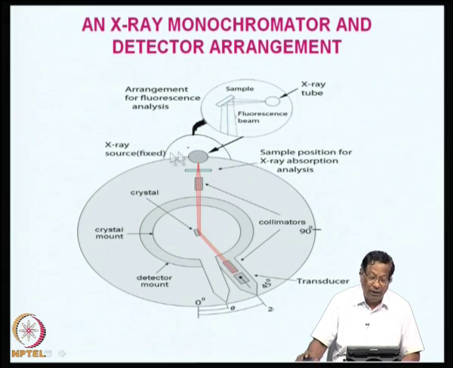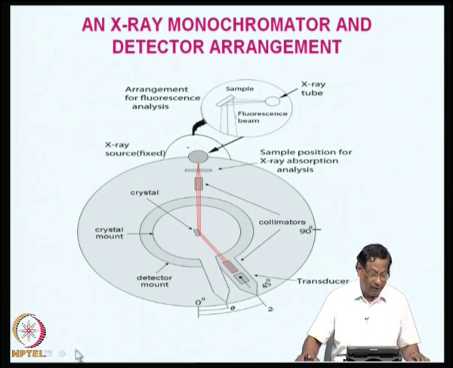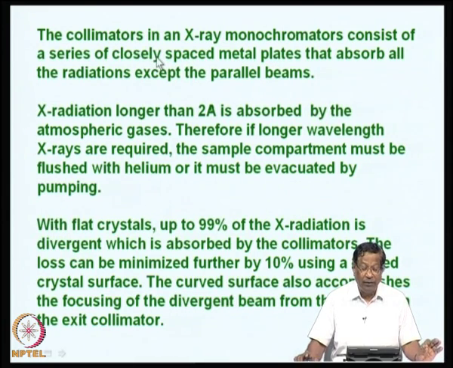This turntable has to turn twice the angle of incidence. So, this is what we have been talking about. The collimators basically consist of a series of closely spaced metal plates that absorb all the radiations except the parallel beams, because radiations scattered in other directions have no meaning for chemical analysis.